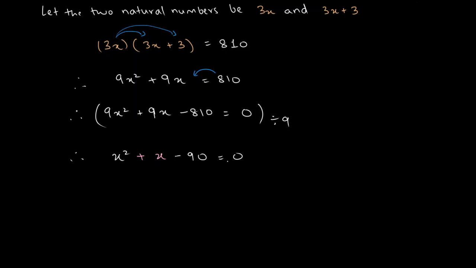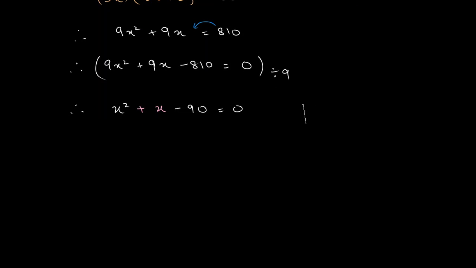So this is the final quadratic equation which I will be solving, by splitting the middle term, by the factorization method. The product that I need is 1 into minus 90. So the product should be minus 90. I need two numbers which multiplied give me minus 90, and their sum should be equal to 1, the coefficient of x.